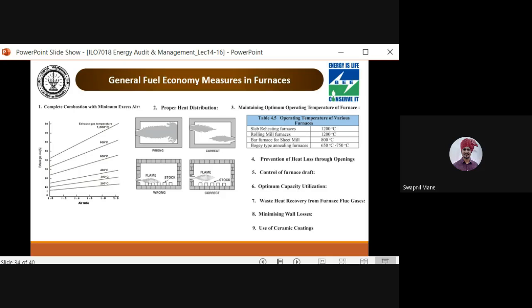Similarly, we can preheat combustion air with the help of flue gases. All these things come under waste heat recovery from furnace flue gases. There are radiation recuperators or convection recuperators available to preheat the feedstock.